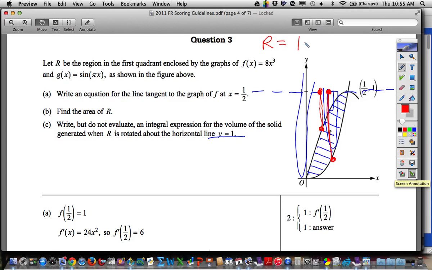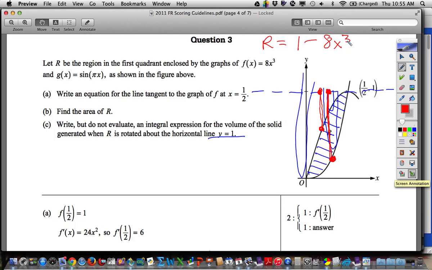It's always top minus bottom, so it's 1 minus the f of x, the 8x cubed. So 1 minus 8x cubed is the outer radius.